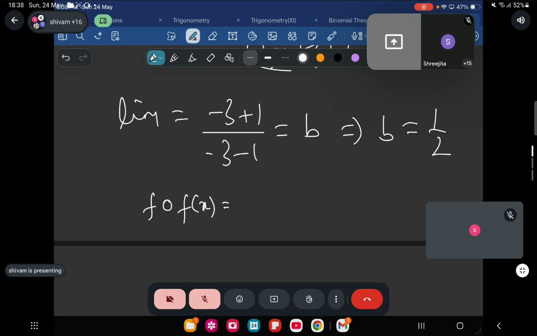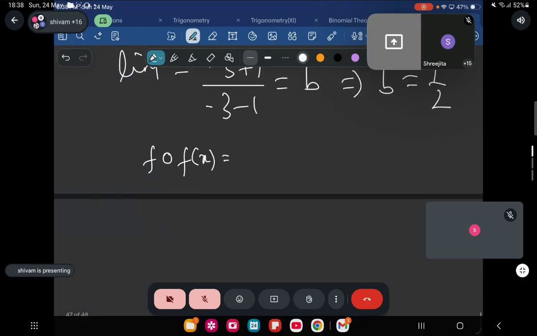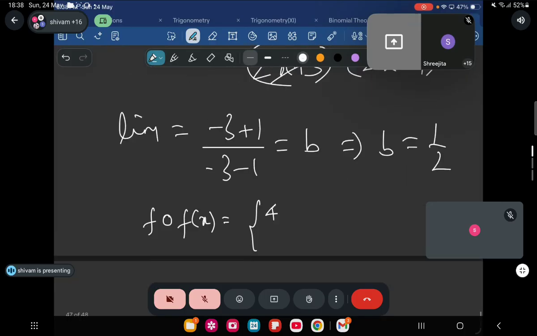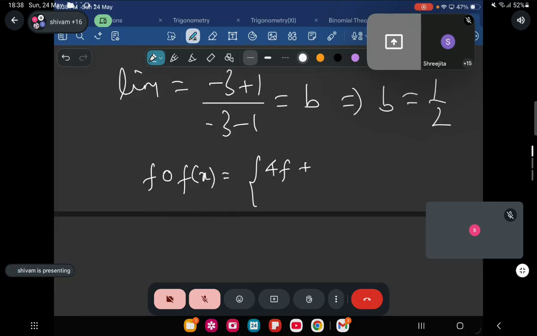Simple. Let's see. f of f of x will be equal to 4 into f of x square plus 8f, 4f square plus 8f like this, right? Then 2x plus 1 divided by 2x minus 1, you have cancelled it off. So 2f plus 1 divided by 2f minus 1.